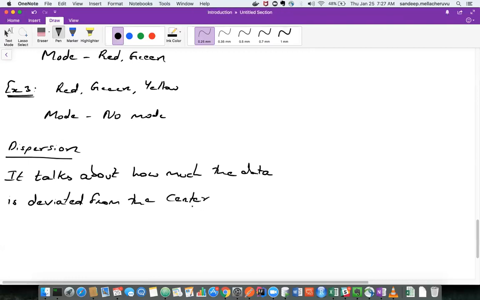When I say center, it only means the central tendency. So we are talking about how much the data is deviated from the center.